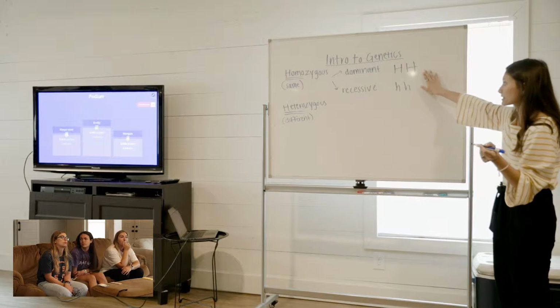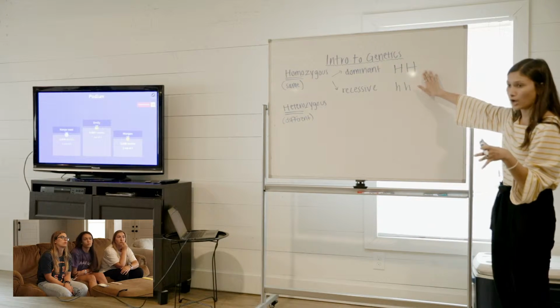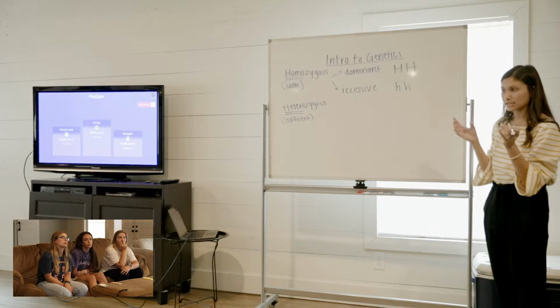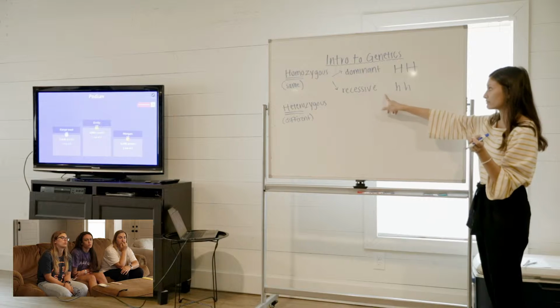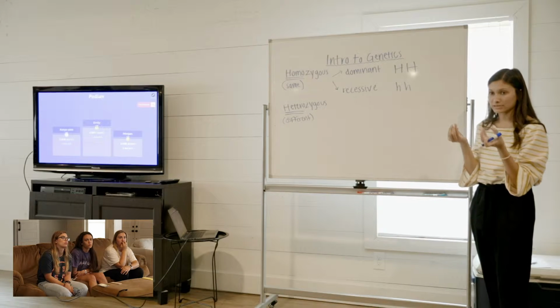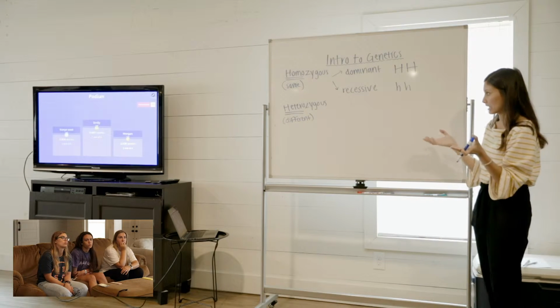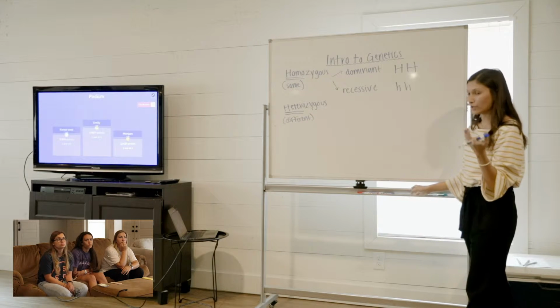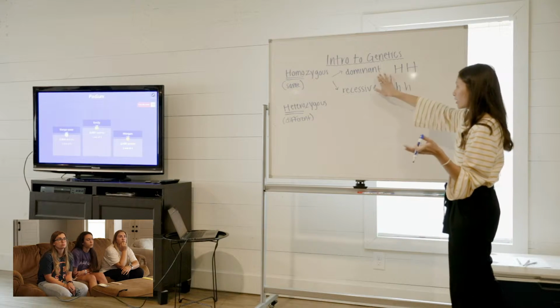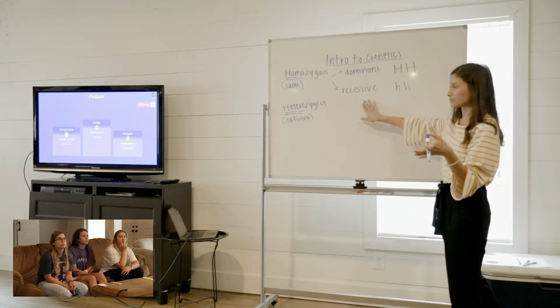Dominant means that the child got two dominant traits, the same trait from each parent. And recessive means that they got two recessive traits, one from each parent, which is the same. We're going to do a little activity in a bit, and you'll see what constitutes a dominant and recessive trait.